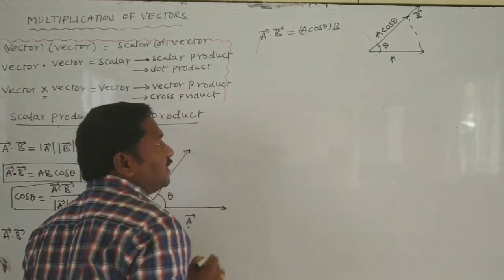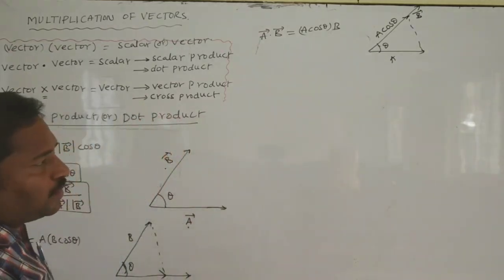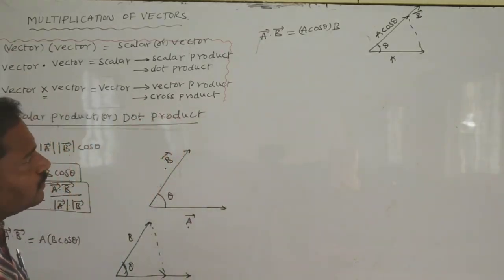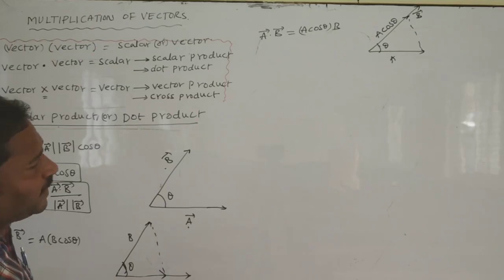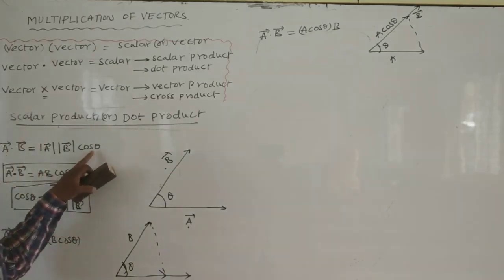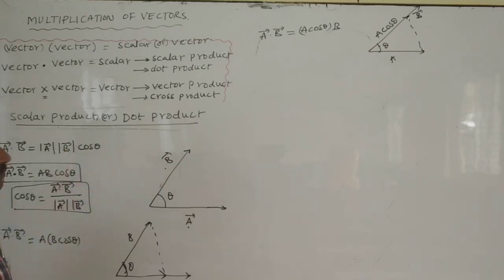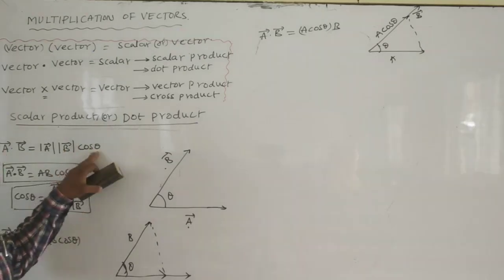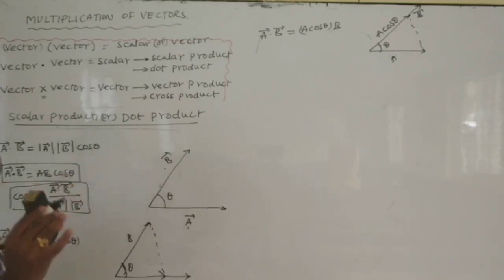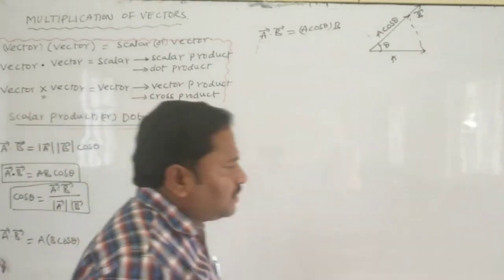So we can write like this also. So now first, why we have to take cos only? Why not use sine? Why don't we take sine? Why we have to take only cos?